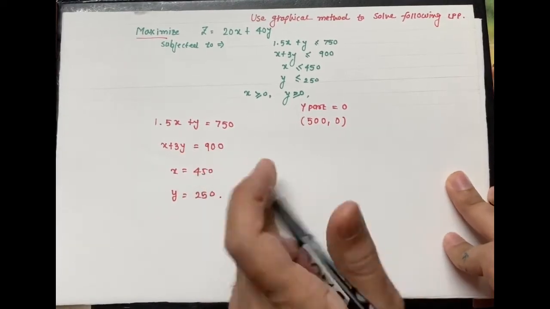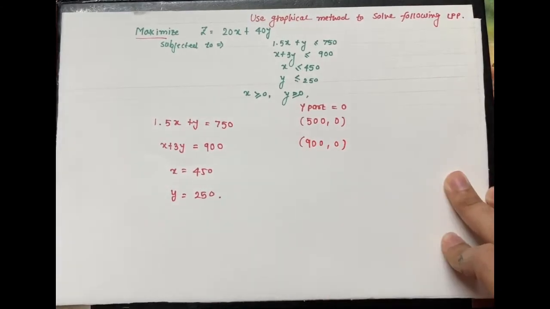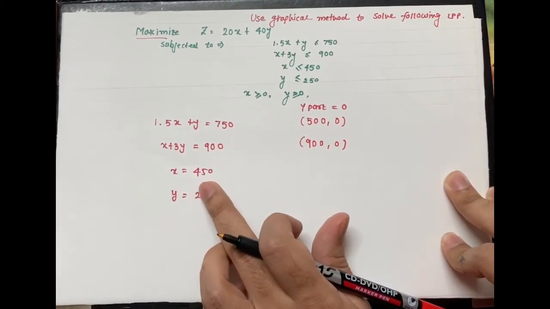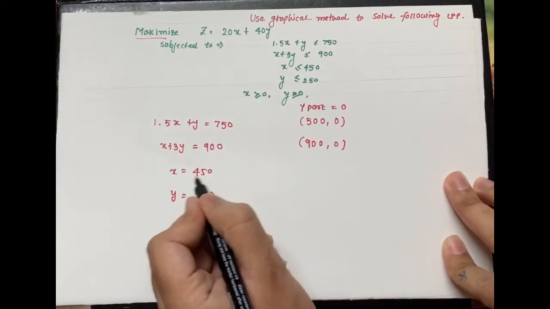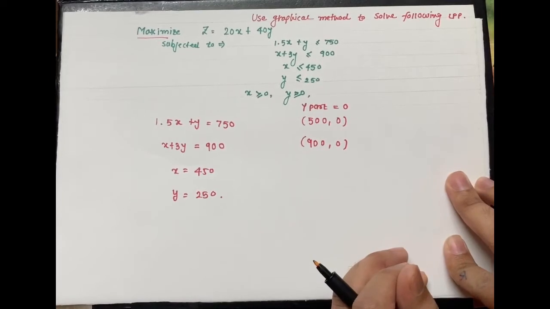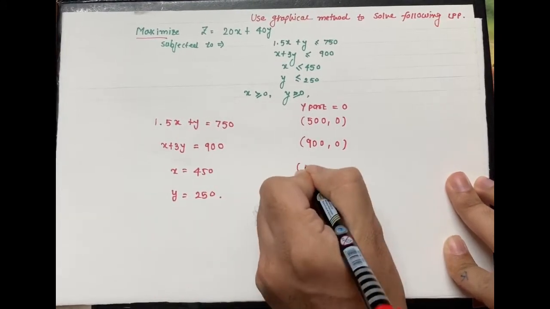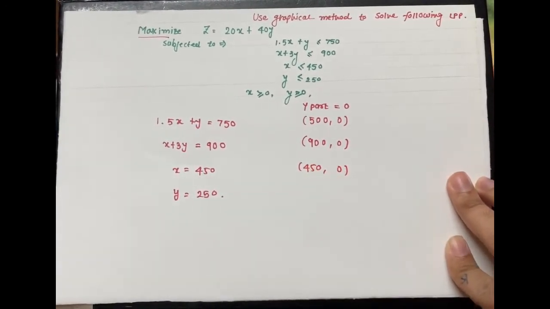So x equals 900, intersection point is 900, 0. x equals 450: this is a line equation in which the y component is 0. So this will intersect with the horizontal axis at 450, 0. Okay.